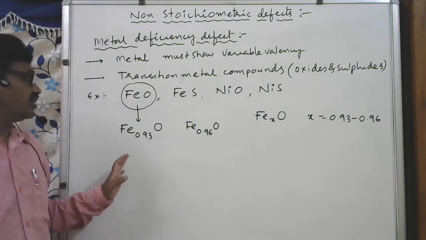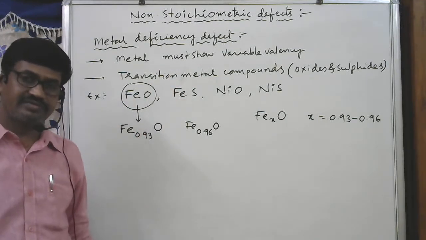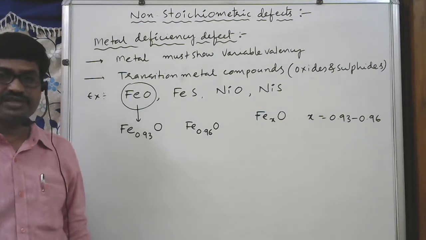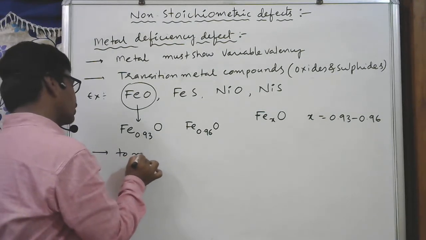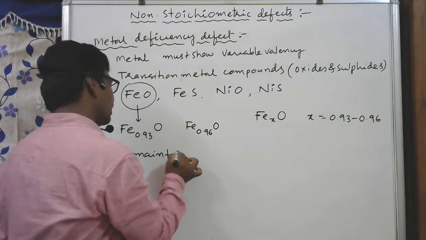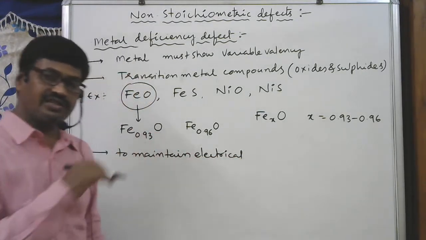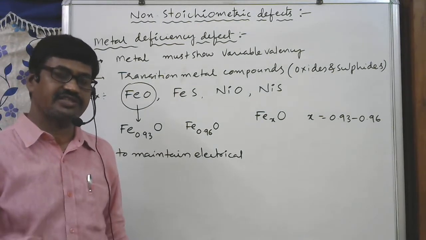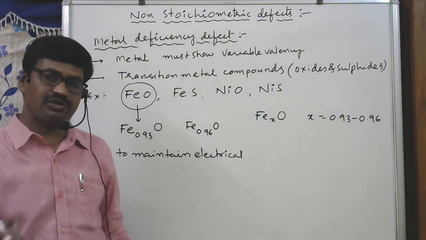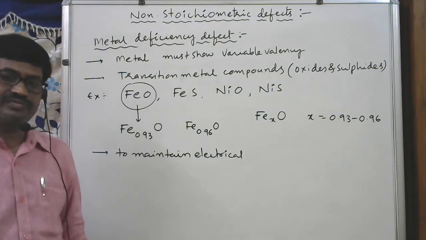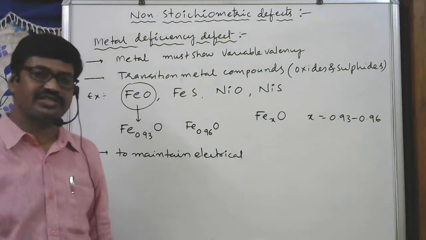See here, why we should consider transition metals, and why variable valency is important here. What is the use? Again, it is to maintain electrical neutrality. In metal excess defects, electrical neutrality is due to compensation of the positive charge by electrons. Stoichiometry is disturbed, so they become non-stoichiometric defects.